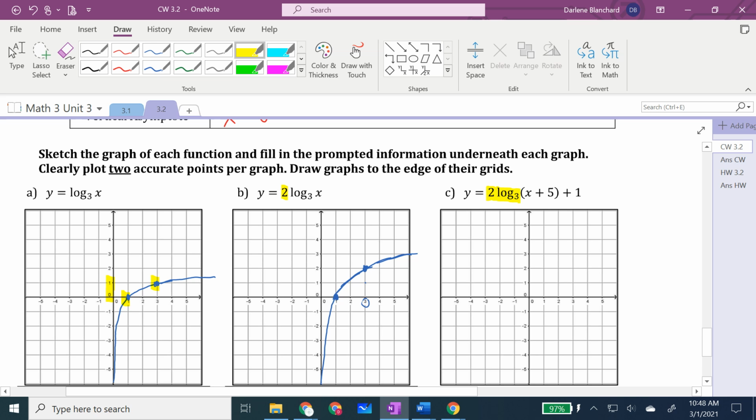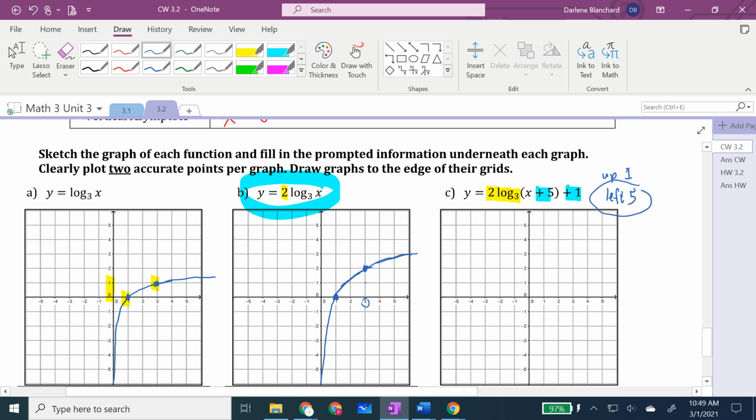So now you're going to take the graph that you have in part B, and you're going to move it. The arithmetic outside the function moves up and down, and you go in the direction it says. And inside the function, it moves x in the opposite direction, so left 5.